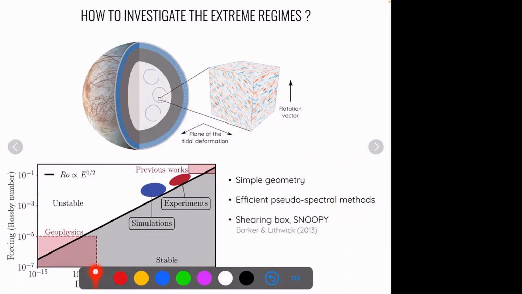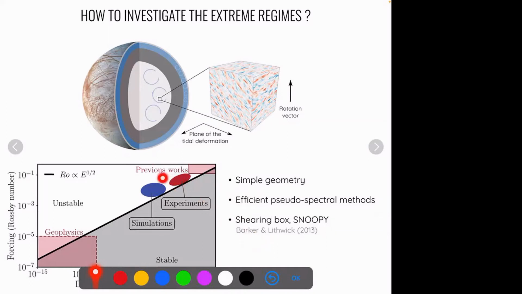And the tidal flow is just in the background and accounted for by shearing box modeling that was developed in the Snoopy code, developed by Geoffroy Lesur, and later adapted to the case of tidal flows by Adrian.